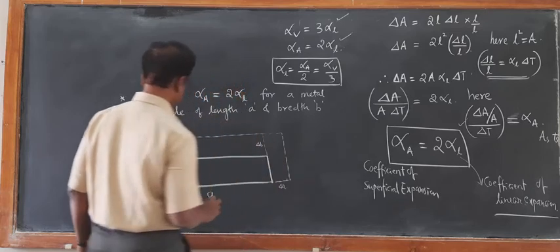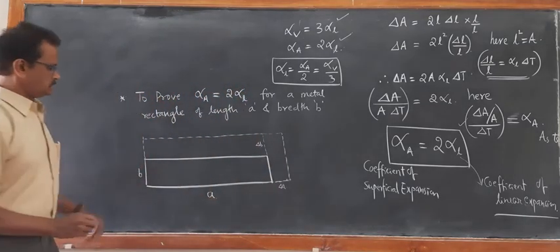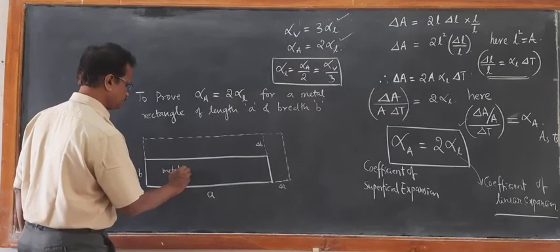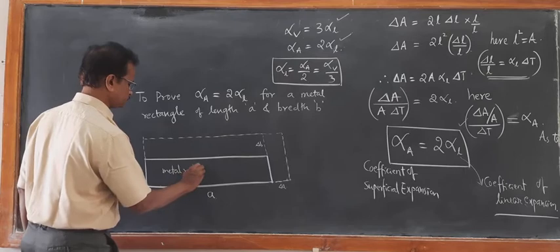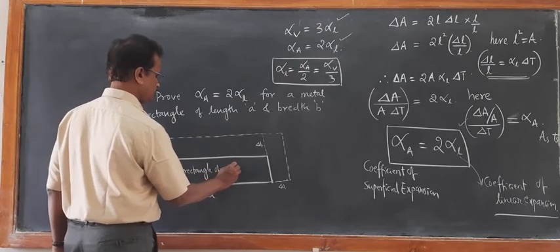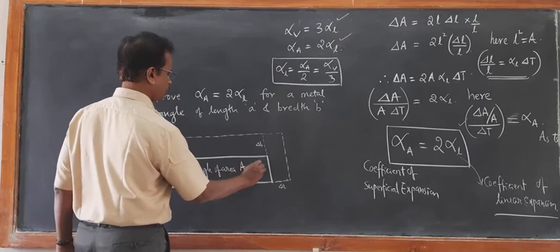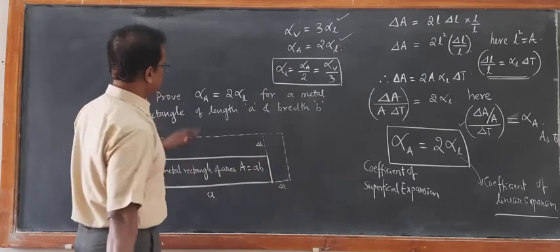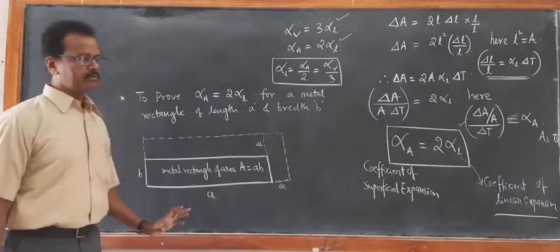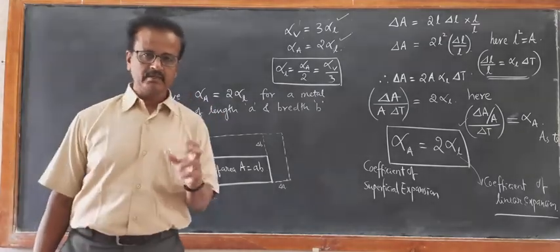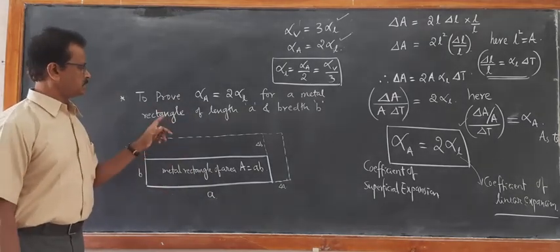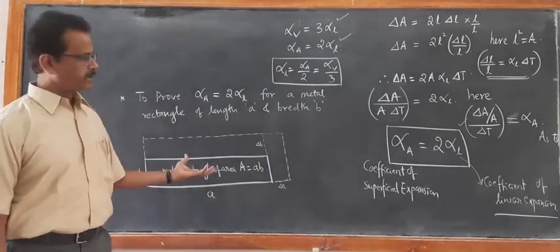Right? So using this rectangular method, of area A equal to AB, prove that alpha A is equal to 2 times alpha L. I think we will be able to do this. I did it with the help of a square. You can try it with the help of a rectangular metallic piece, a metal rectangle.